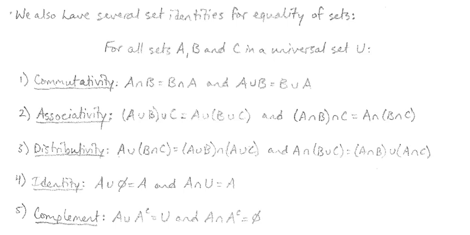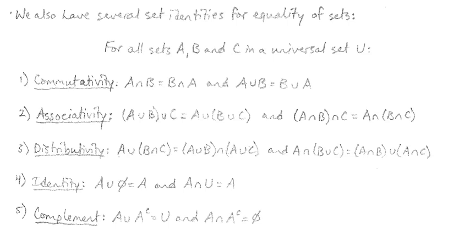The order in which you take the intersection of two sets does not matter. And associativity: as long as you're taking the union or the intersection of all three sets, it doesn't matter where the parentheses go. In fact, in some cases you might not even see the parentheses written, but if they are written, and they're all unions or all intersections, then it doesn't matter where they go.